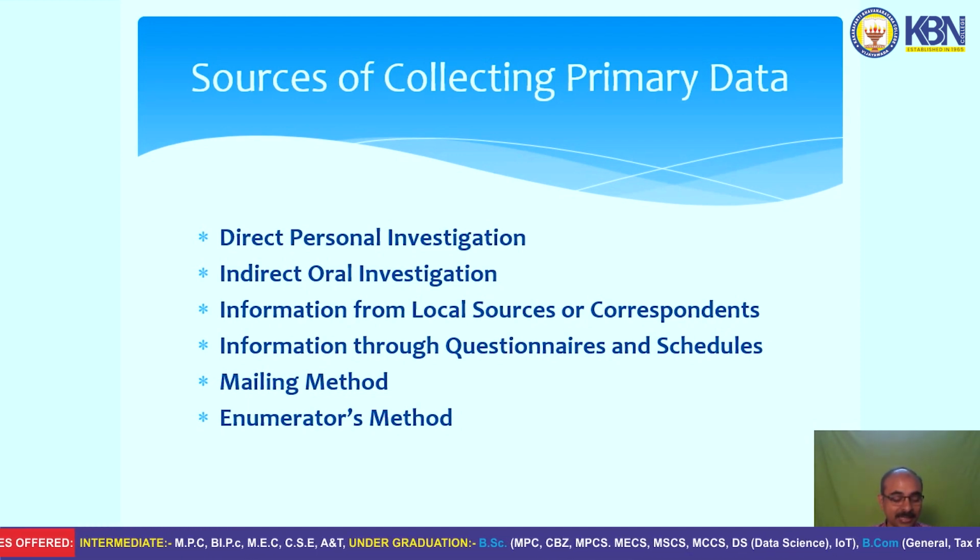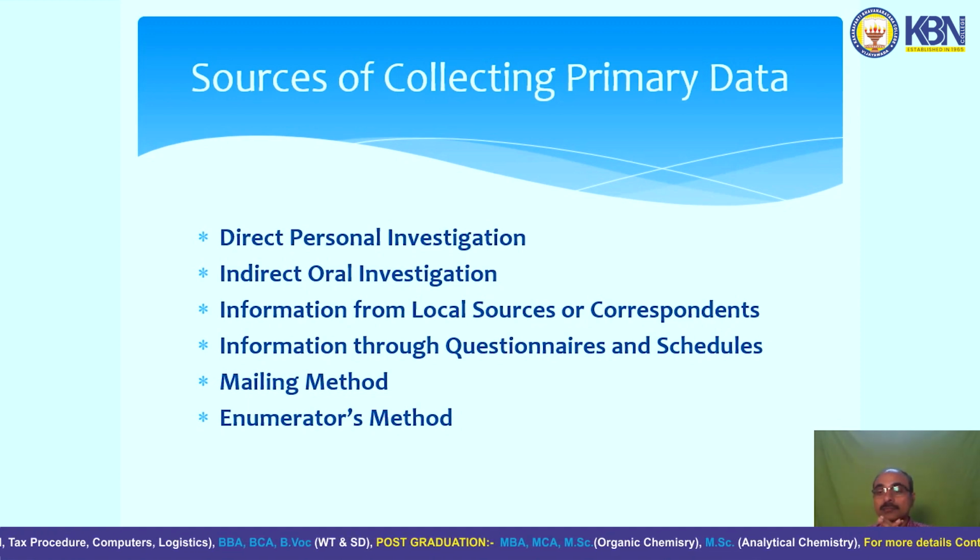This method can attain success only when the investigator collecting the data is efficient. That means this is not a fully primary source. For example, we obtain information about the schedule.